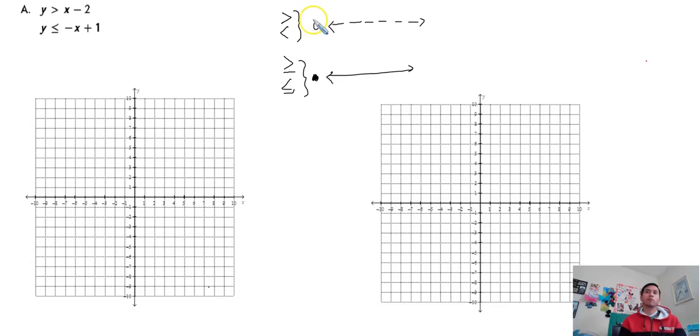Okay, so if you have x is greater than or equal to 1, let's say this is your number line. Let us say this is 0, this is 1, this is 2. If I'm going to graph it, I'm going to use a solid circle on 1 because that's the location of my point.